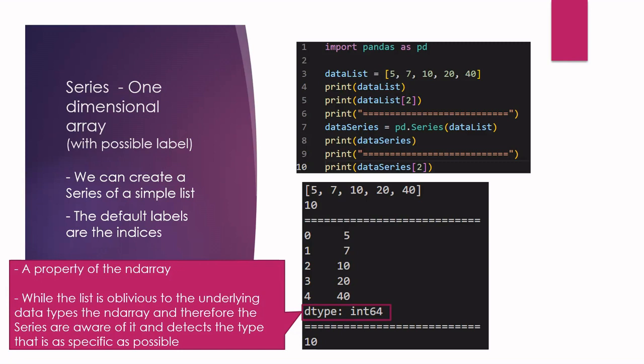So if all the data are ints, it would be int64. If all the data are strings, then it will be a string. If we have a mixture, it doesn't mean that we are restricted. If we mix strings and numeric values, then the general data type will be the general object.